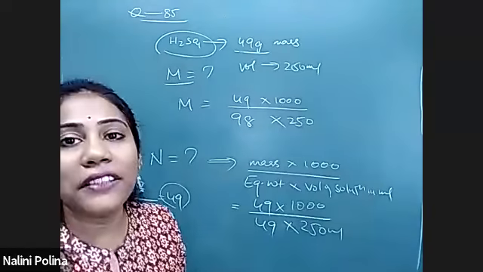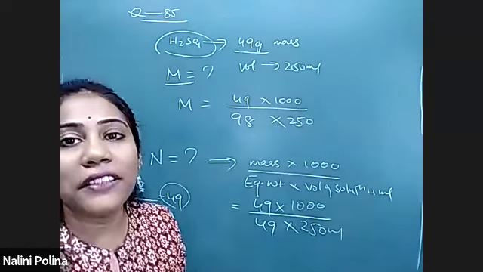Okay, and one more important concept you have to remember, and this is very, very important. Here, we studied so many concentration terms so far. Let me list out all the concentration terms that we have studied.